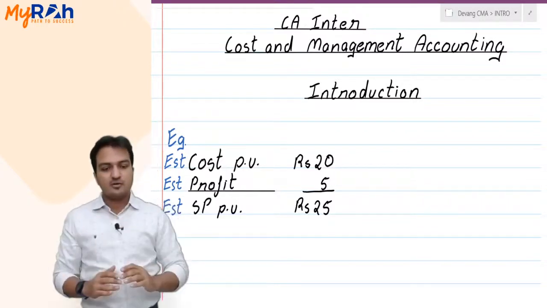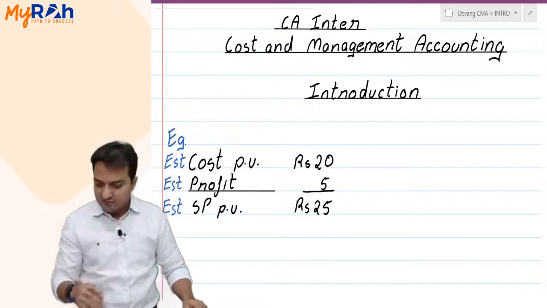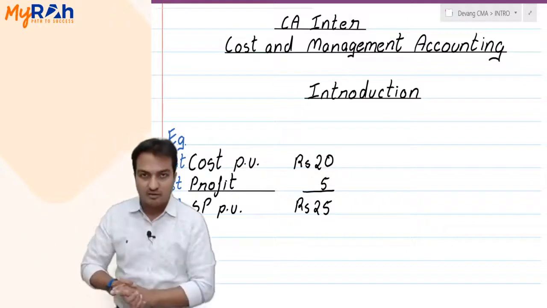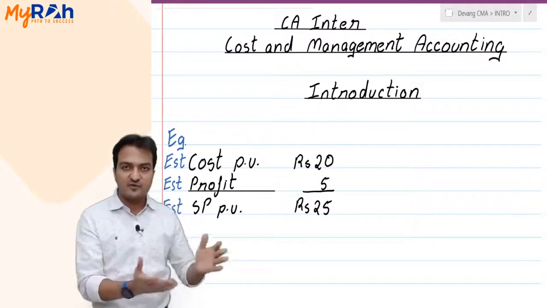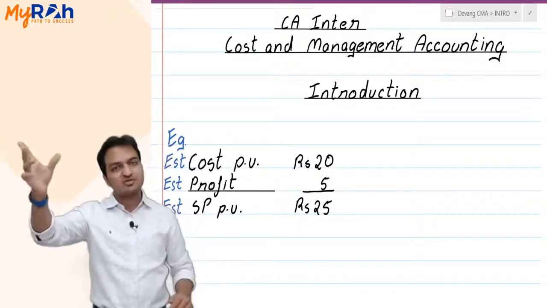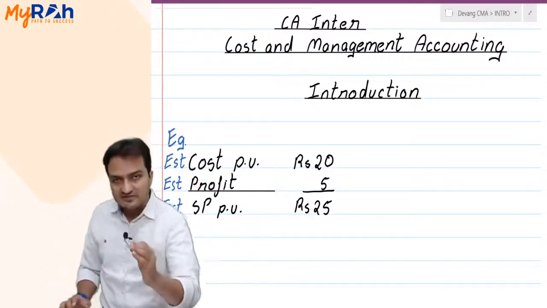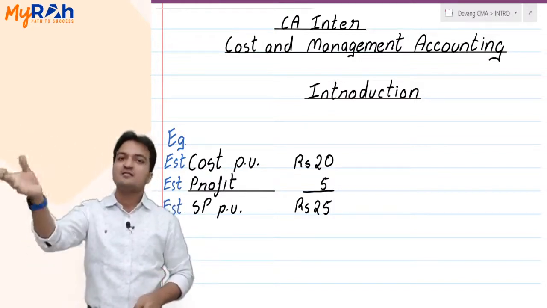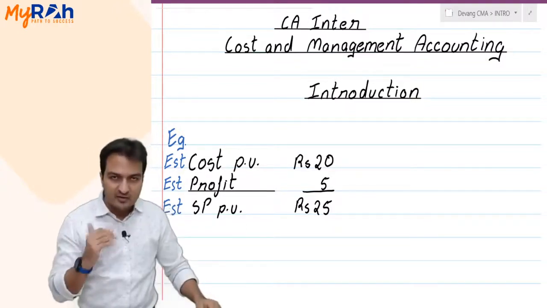In short, repeating that again, I covered three main differences between your financial accounting subject and my cost accounting subject, and I'll now cover them in reverse order. The last difference we did just now is that your financial accounting is based on actual cost, while in cost accounting all these workings are based on estimates. The second difference was that financial accounting is done at the end of the year, while cost accounting workings are done at the beginning of the year.